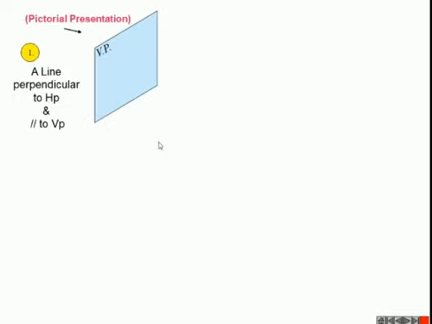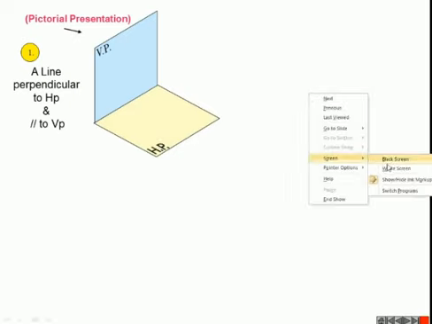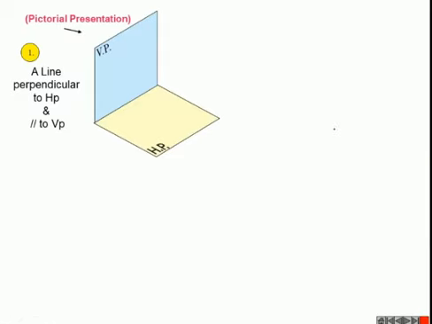As you know, this light sky blue color is the vertical plane and this one is the horizontal plane. So now the object here is a line. It is a first angle projection, first quadrant, and the object is placed in front of the vertical plane. Here the observer stands in front of the vertical plane.